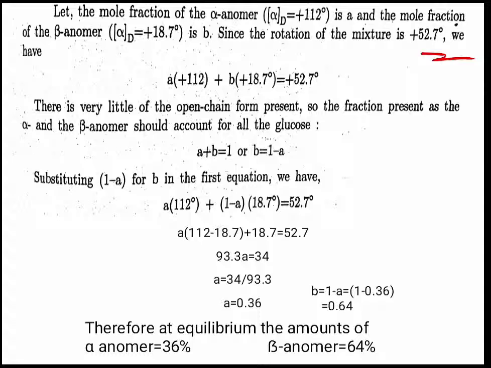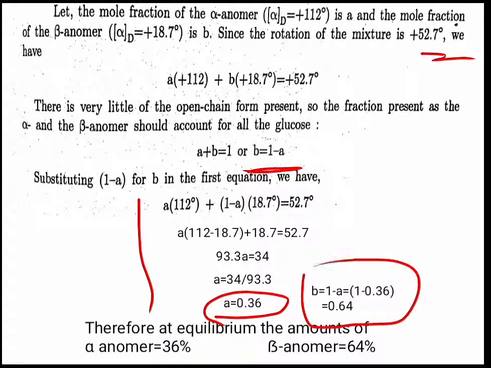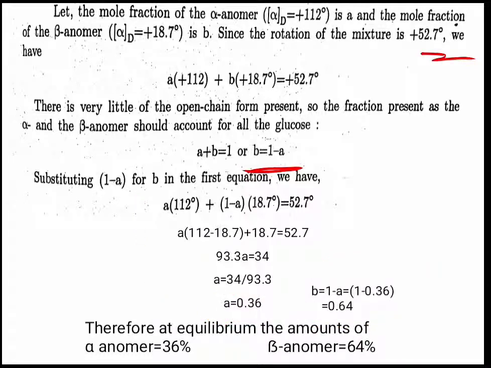We are assuming that, and then we substitute B by 1 minus A. So we get this, and after a very short calculation, you can do it yourself, you will get that A comes out to be 0.36 and B comes out to be 0.64. Therefore at equilibrium the amount of alpha anomer is 36% and beta anomer is 64%.